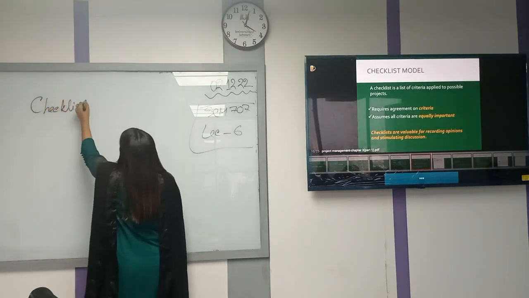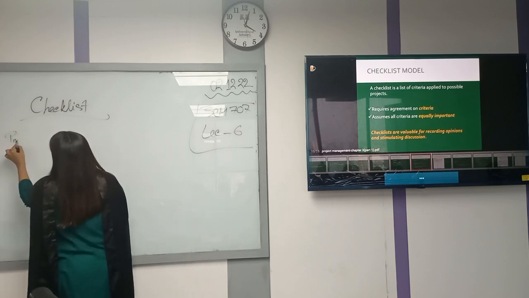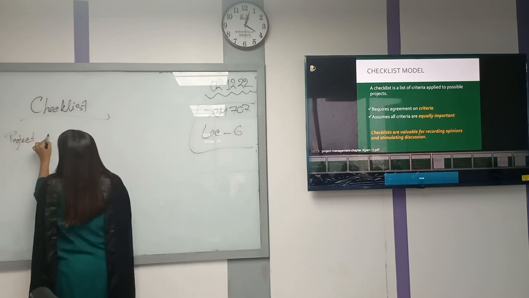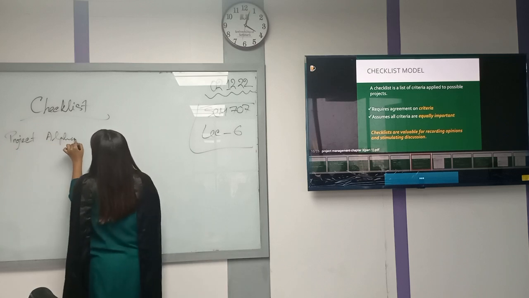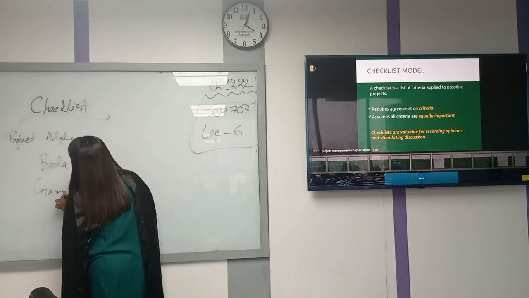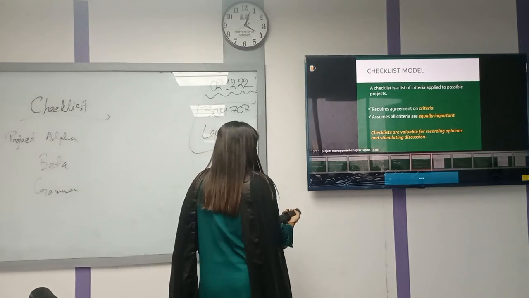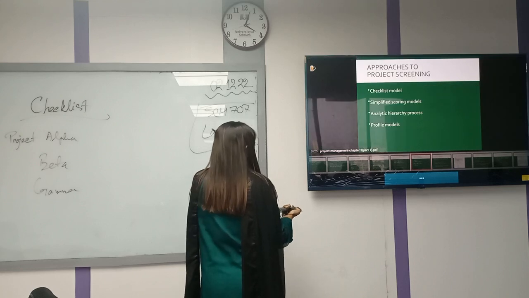So the checklist model, here we have 4 projects: project alpha, beta, gamma, and the last one, sorry, delta, right?